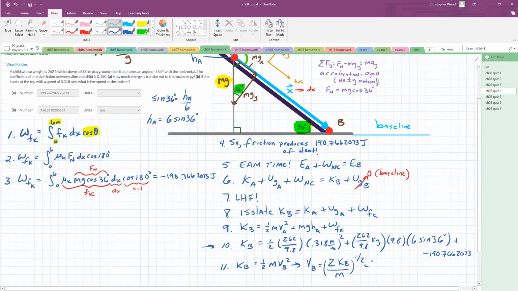So let's see what that yields. 7.41307. Okay. That's the velocity of the child at the bottom of the slide. That's the answer to part B. Keep working on this. Take your time.